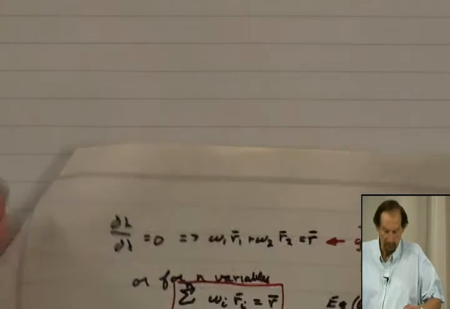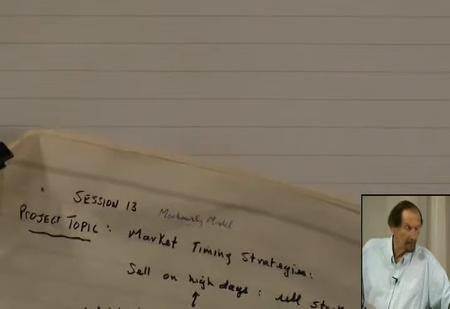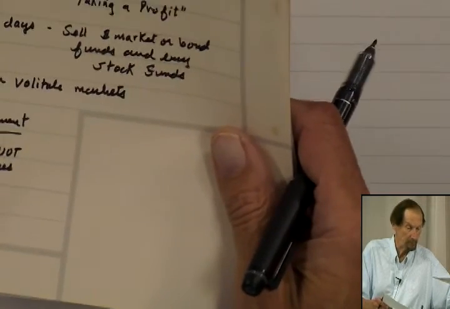Okay. So that's how Luenberger derives these equations for the Lagrange multiplier approach to the portfolio selection problem for the Markowitz models.